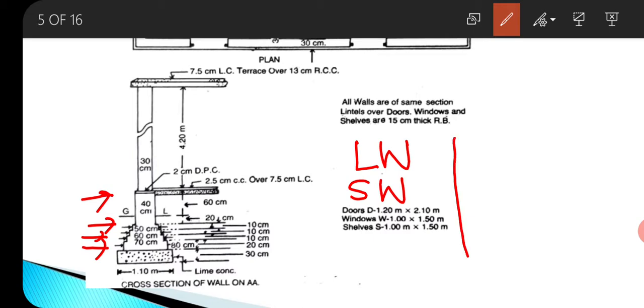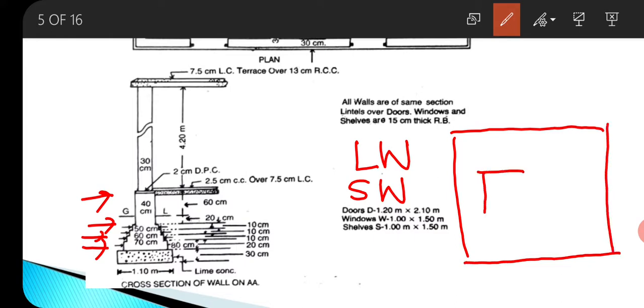For that, first we will draw the plan of the two-room building.